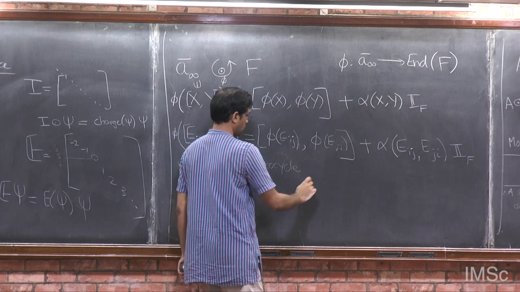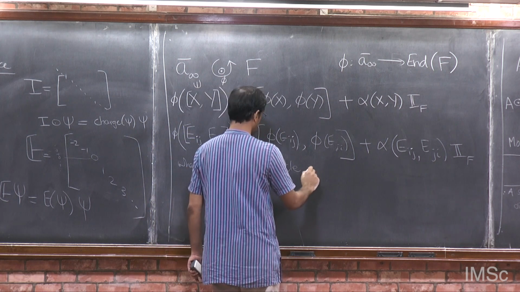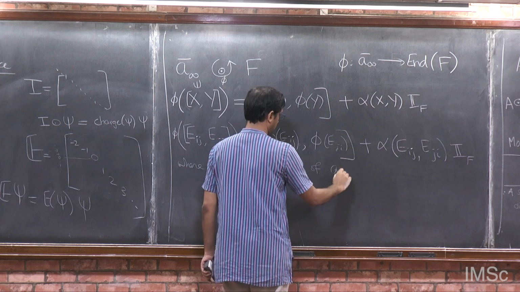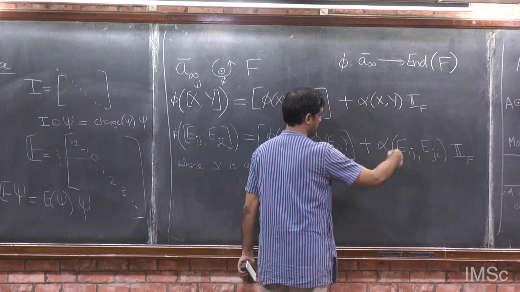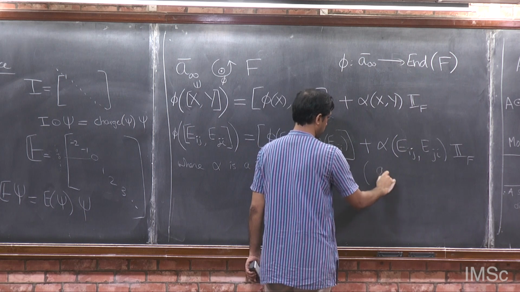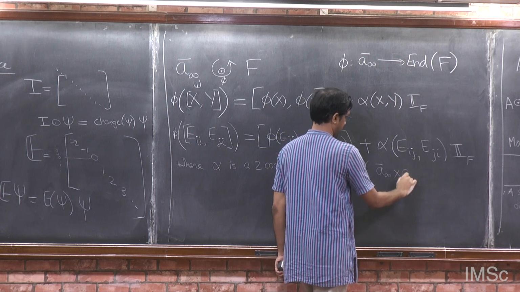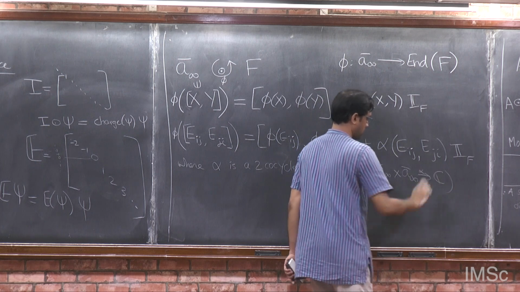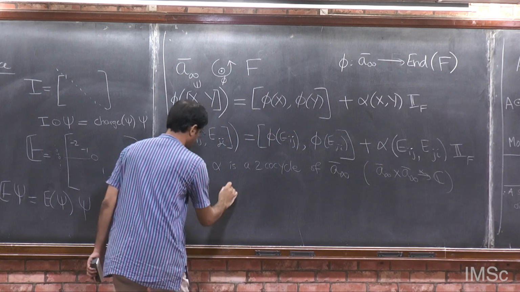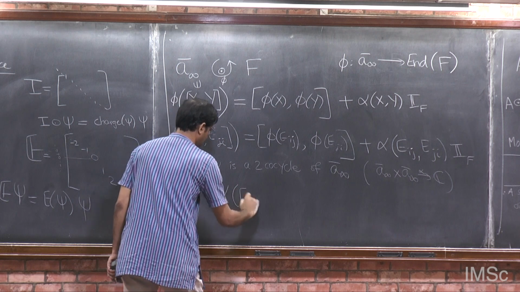You've seen these 2 cocycles in Venkatesh's talk. So a 2 cocycle of A bar infinity. In other words, it's a map from A bar infinity cross A bar infinity to the complex numbers, satisfying some properties. In this case, I will just tell you what the thing looks like.